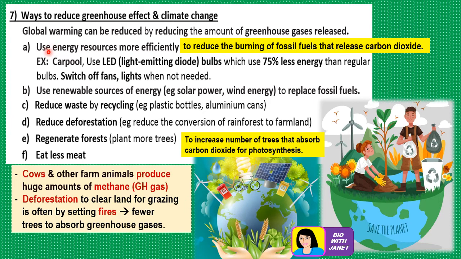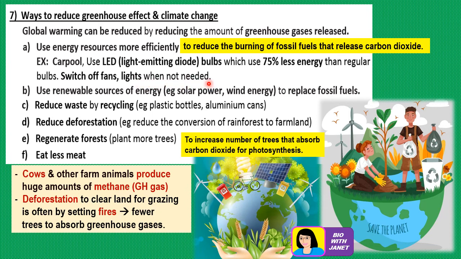So we can use energy resources more efficiently. For example, carpool. So if, for example, a few students are going to the same school, then they can share the transportation there so that less cars are driven, and that will reduce the burning of petrol, right? So use LED, which are light emitting diode bulbs, which use 75% less energy than regular bulbs, and switch off fans, lights, and air conditioners when not needed.